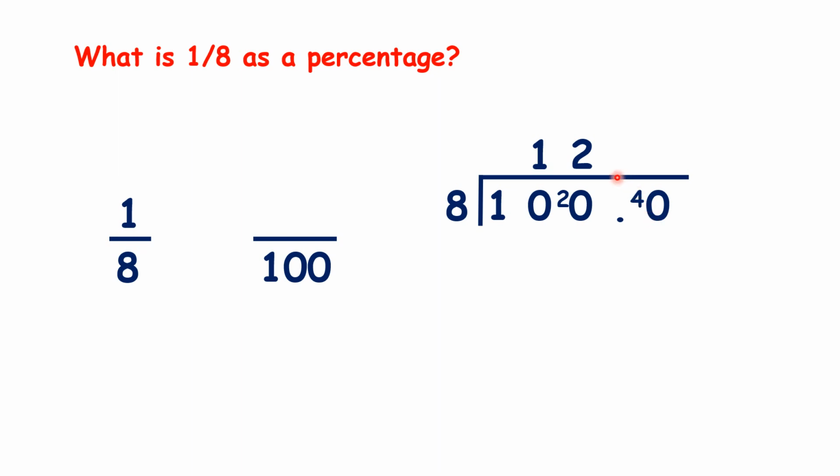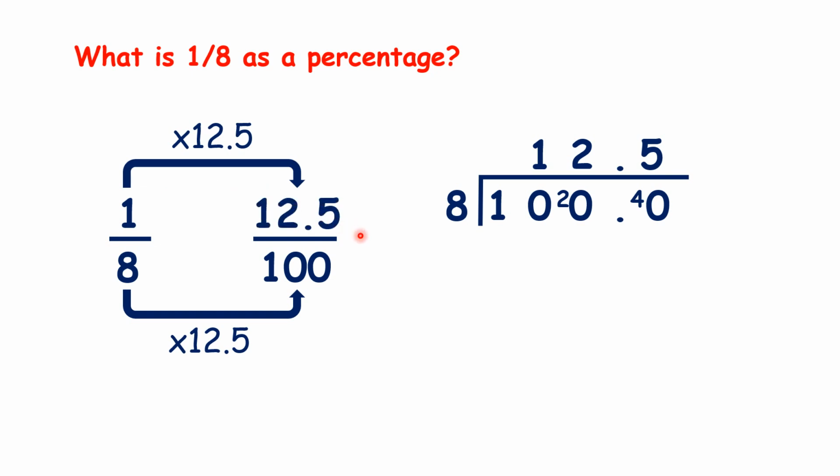Now we need to remember to write the decimal point in our answer, and 40 divided by 8 is 5. So 8 times 12.5 is 100. 1 times 12.5 is of course 12.5. So we have 12.5 over 100, or 12.5%.